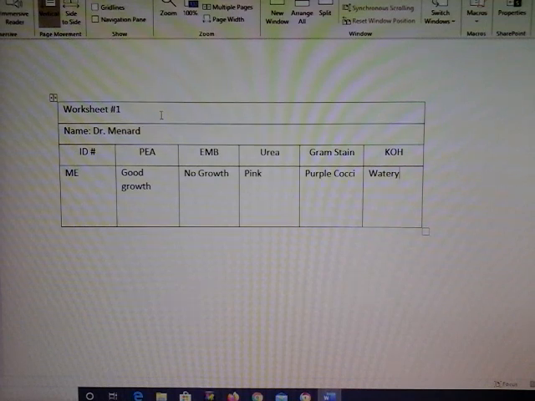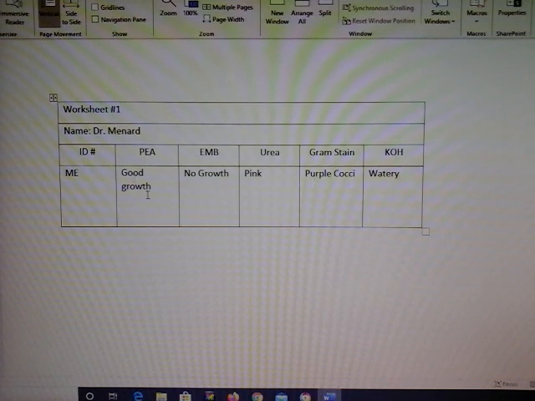Now, if we look at this, our interpretation then, when you guys would fill out your results table later on, is if I see good growth on PEA, no growth on EMB, a bright pink urea, gram stain that's purple, and KOH that's watery, first of all, I can say that based on the gram stain and KOH, this bacteria is gram positive.